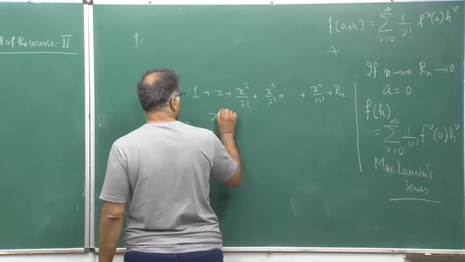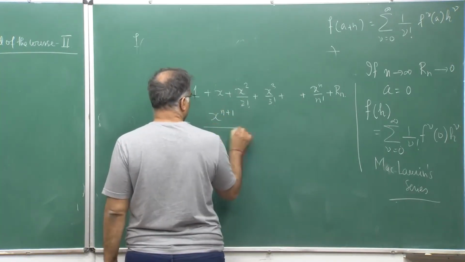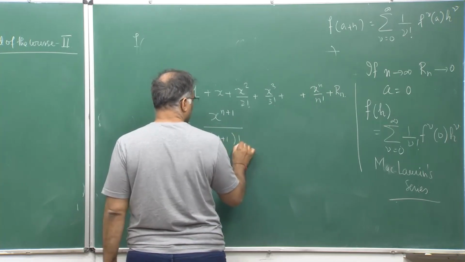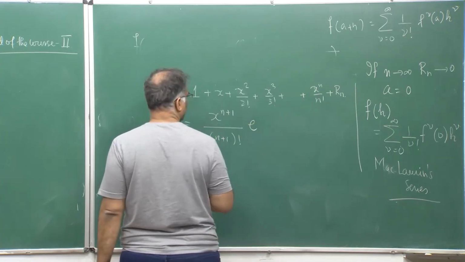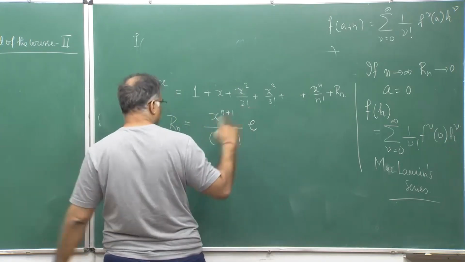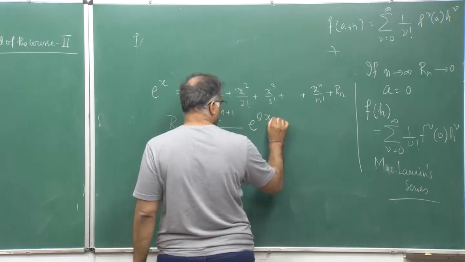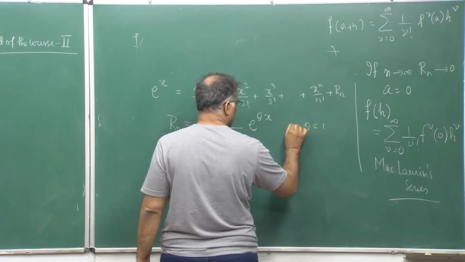R n is x to the power n plus 1, sorry, n plus 1 factorial, e to the power, a is 0, 0 plus h is actually h, x now, theta x, where theta is between 0 and 1.